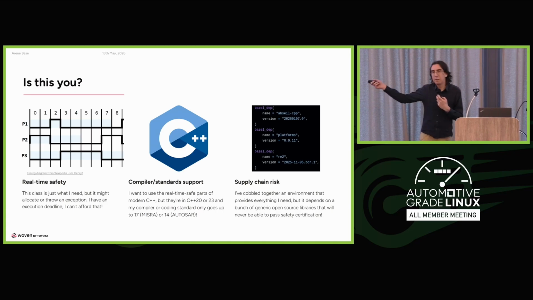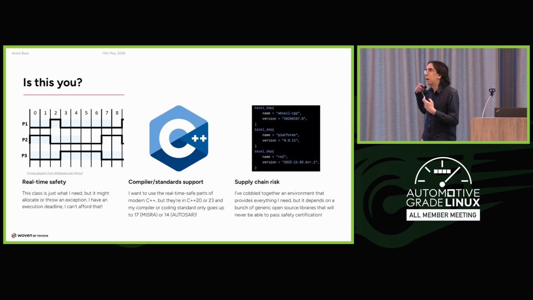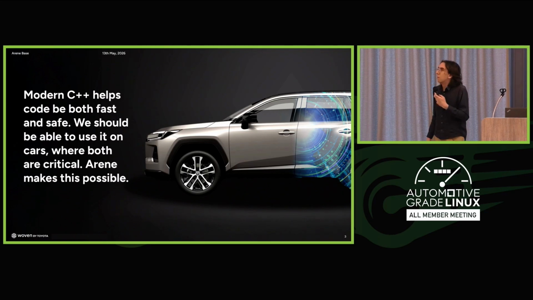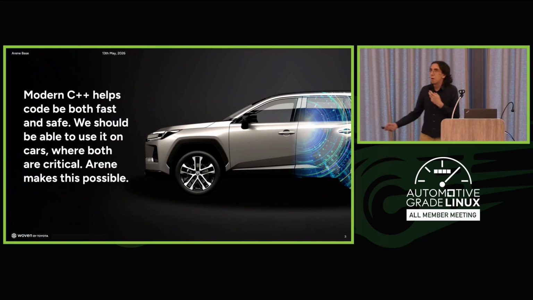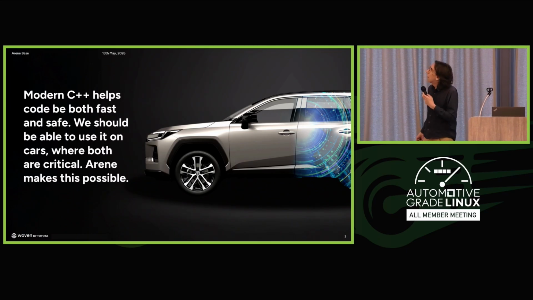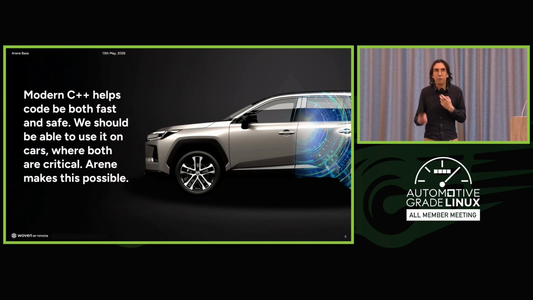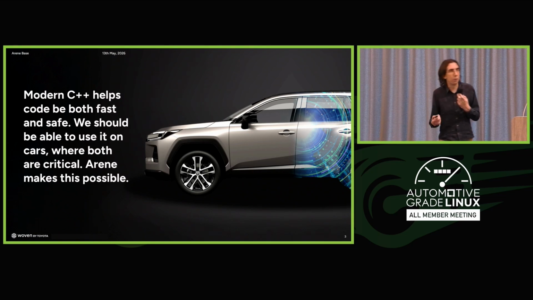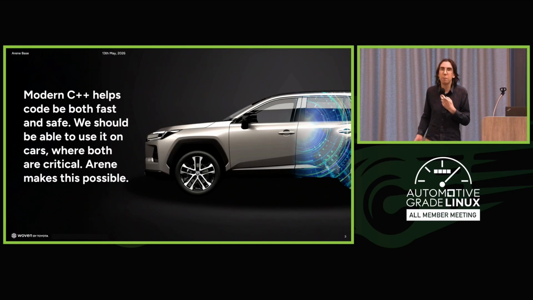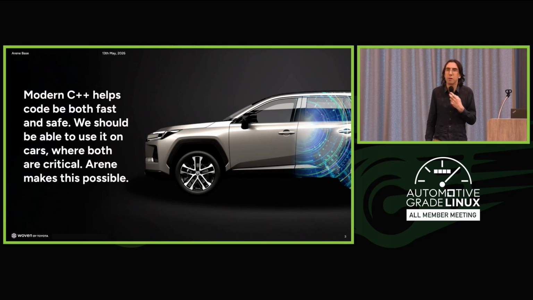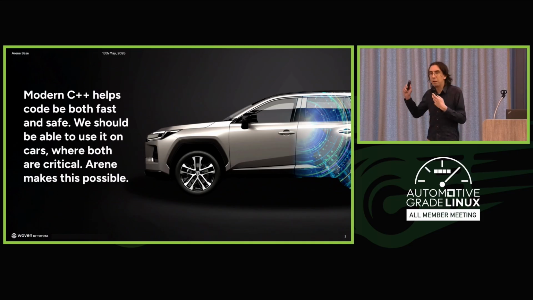In any of these cases, we are trying to offer this fundamental C++ library that can solve these problems. The basic idea is that modern C++ allows us to do a lot of things that make code safer and faster. Those are both really important in automotive development, so it should be possible to use modern C++ in automotive development. And Arene makes this work.